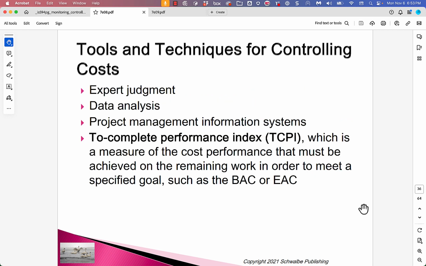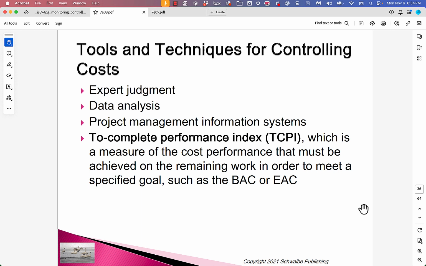So tools and techniques for controlling costs: expert judgment, data analysis, project management information systems, and the to-complete performance index. You can rely on your expert judgment or the judgment of others as you look at the costs and say, I think these costs are about right for this point in the project.